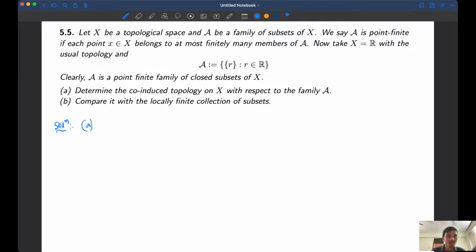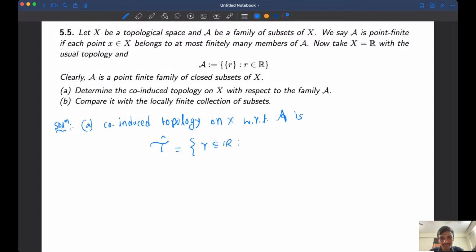So the co-induced topology on X with respect to A, I'll denote by tau hat. This is all Y subset of X, in particular R, such that Y intersection with each of these collection members {r} belongs to the topology of the set {r}.